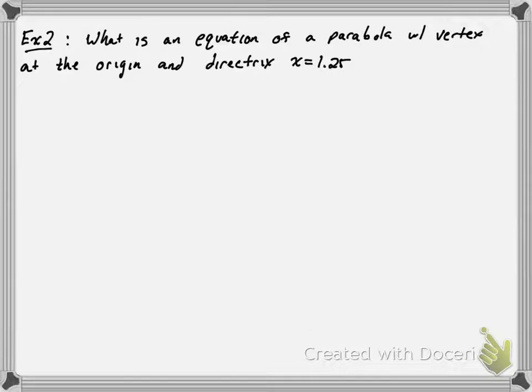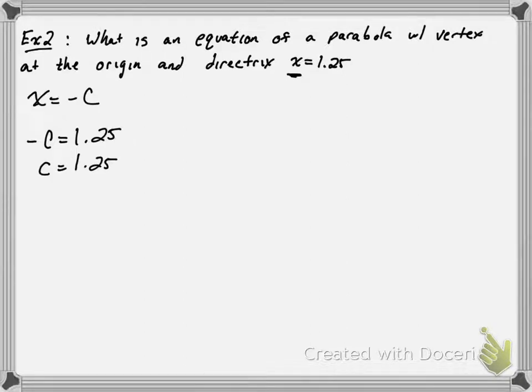Example 2 asks what is the equation of the parabola with vertex at the origin and directrix x equals something. So again, we have x equals. So our equation of our parabola is also going to be x equals, which kind of makes it nice. The directrix has the equation x equals negative c, just like it was y equals negative c in the other one. So how do I find what c is? Negative c equals 1.25, so c is going to equal 1.25.